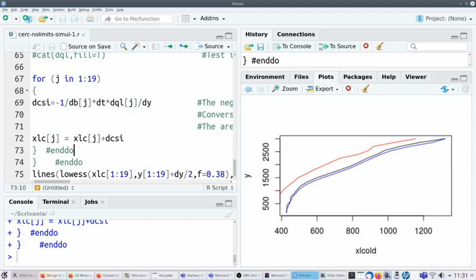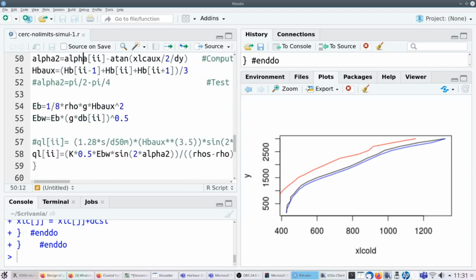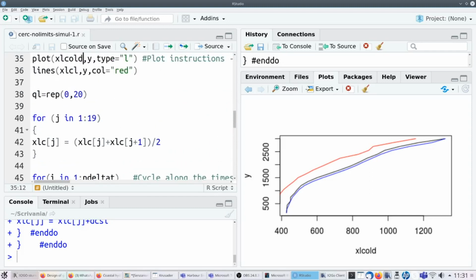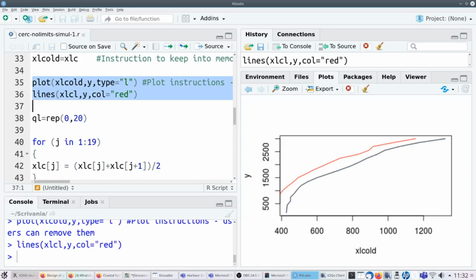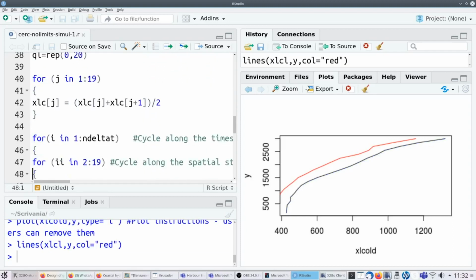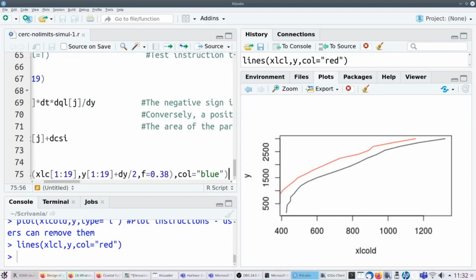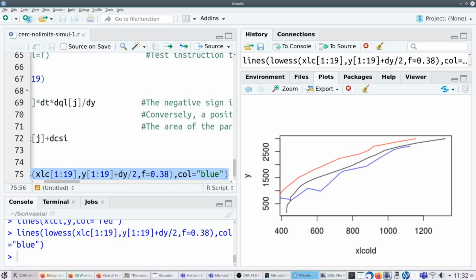So I go back to get the plot instructions. The plot instructions are here, so let me select them, execute them, and then you see that I removed the blue line. I got a new plot, and then I can go at the end of the code and plot with a blue line the new position of the coastline, which is this one.